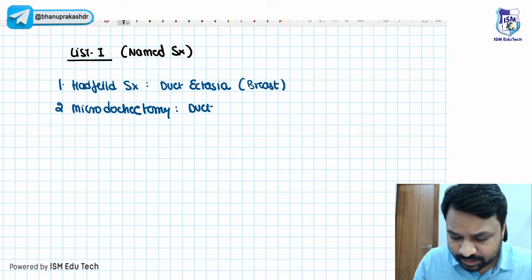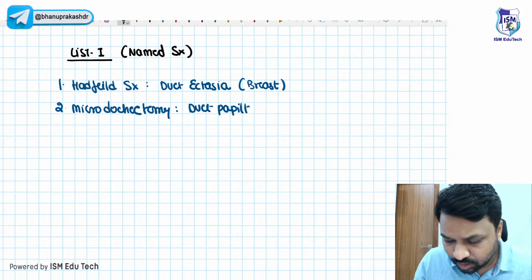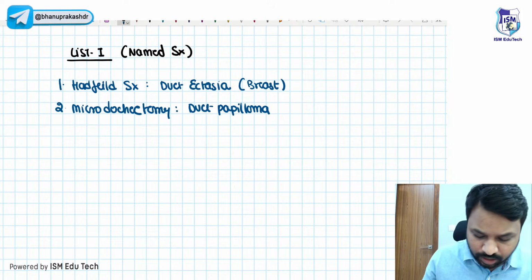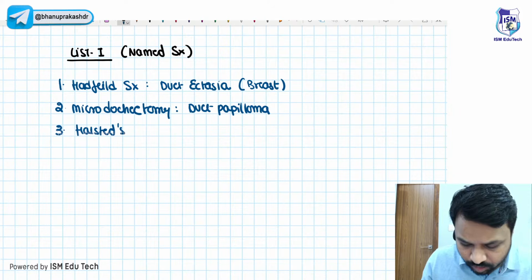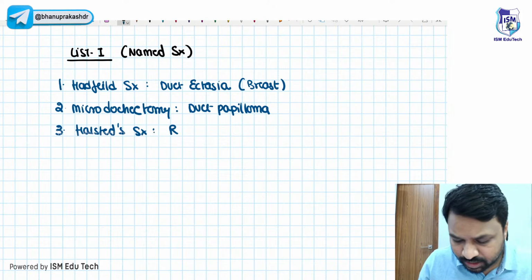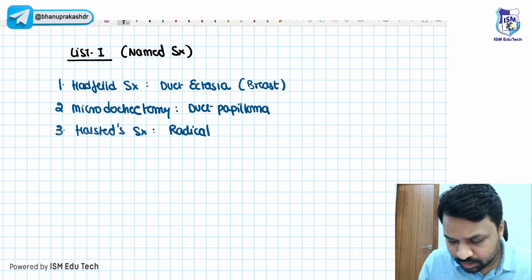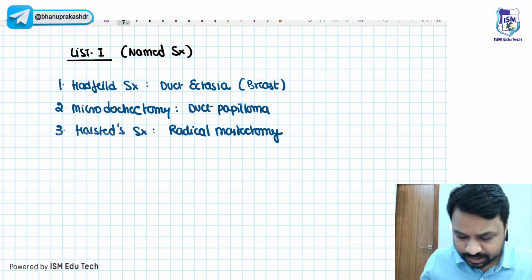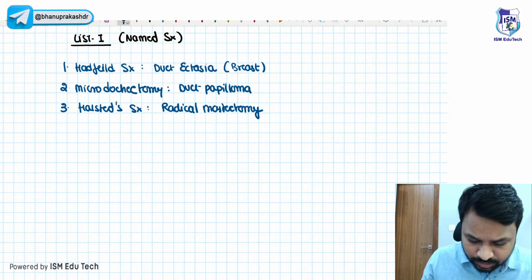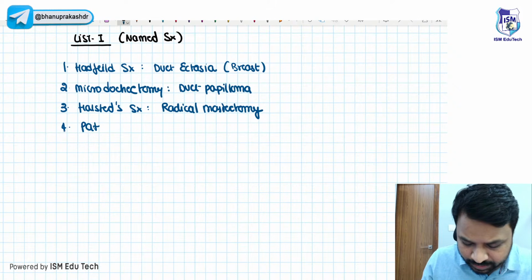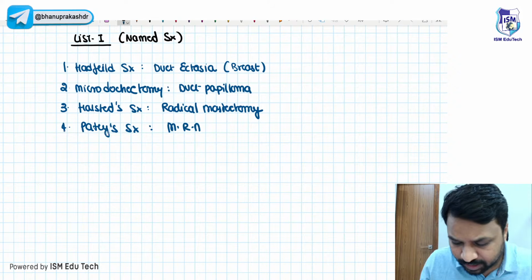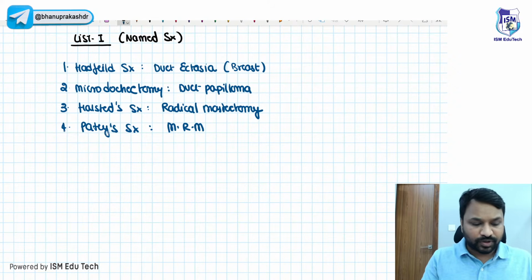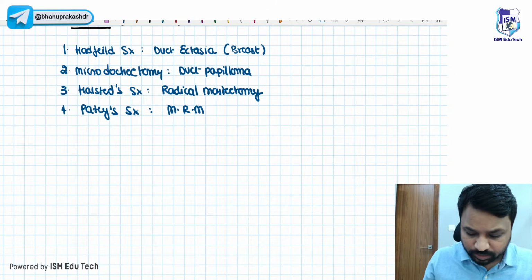Now, you'd have heard about the Halsted surgery, which we have discussed. It is your radical mastectomy. Another one is Patey's surgery in breast, that is your modified radical mastectomy.